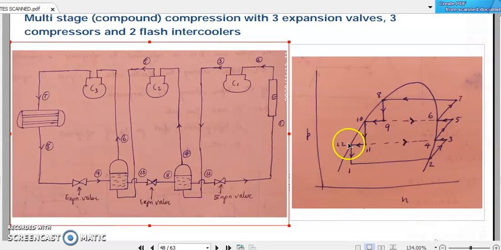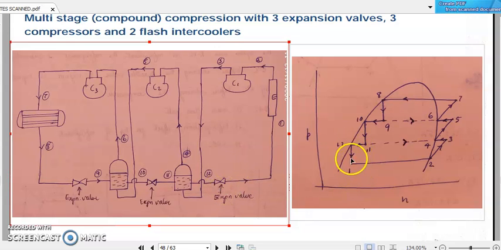Point 12 is on the saturated liquid line of this vapor dome. Then 12 to 1, point 1 is the entry point of the evaporator or the freezer compartment. 12 to 1 is our normal throttling valve or the throttling process.